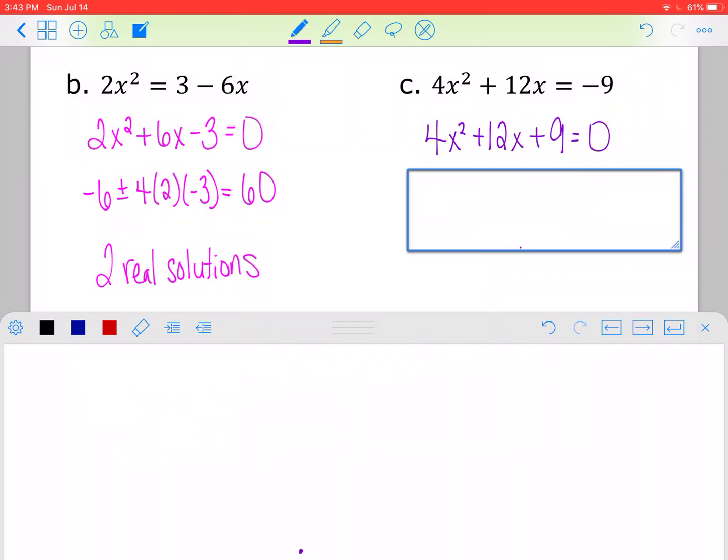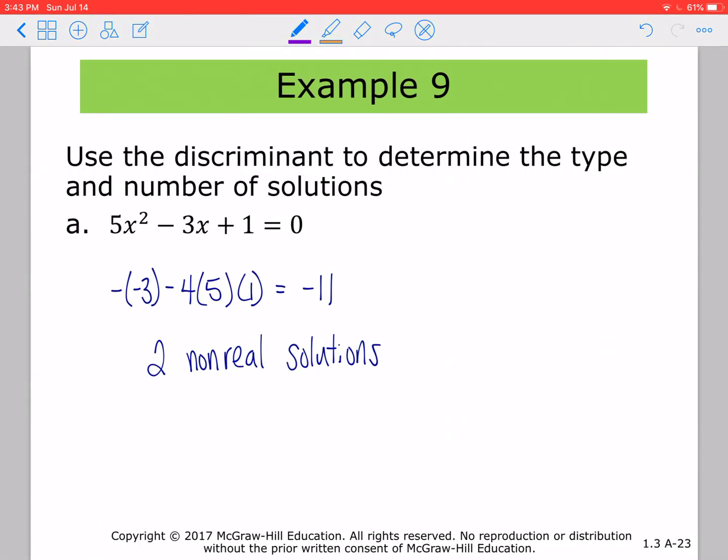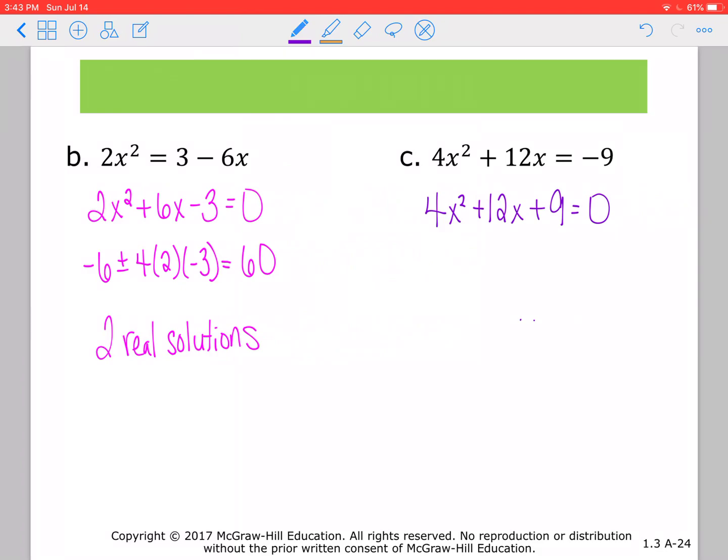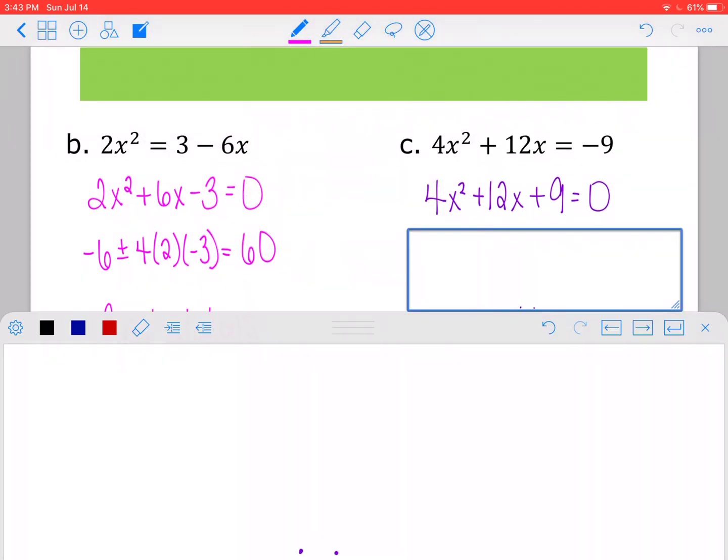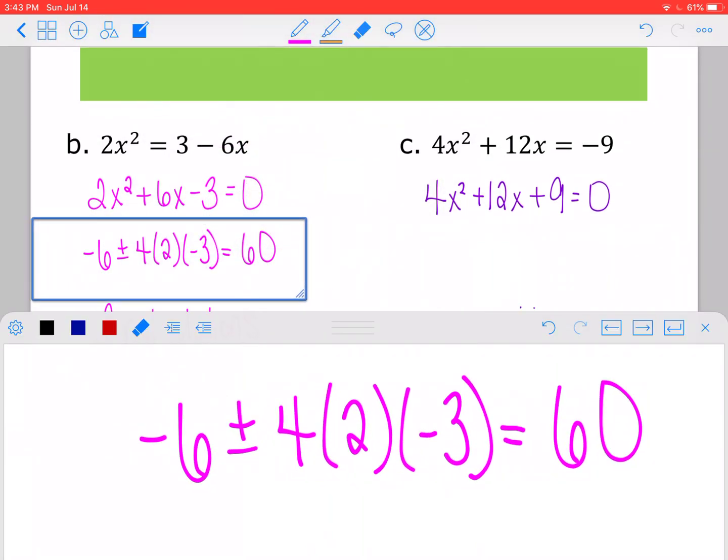So over here, back on part B, b squared minus 4ac was 60. Is that what I had? I don't know.